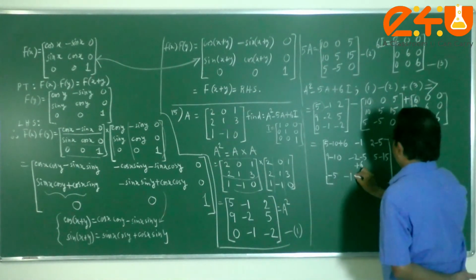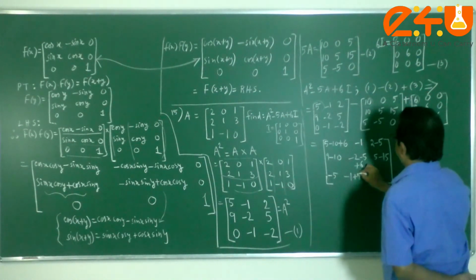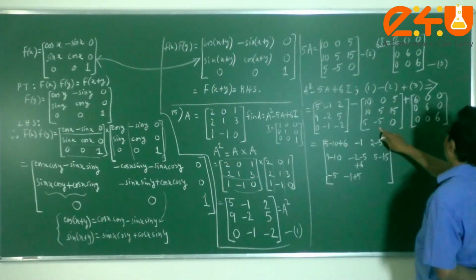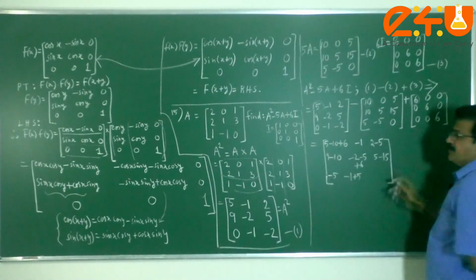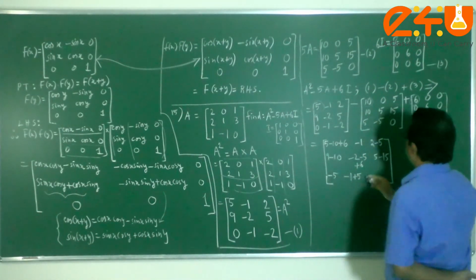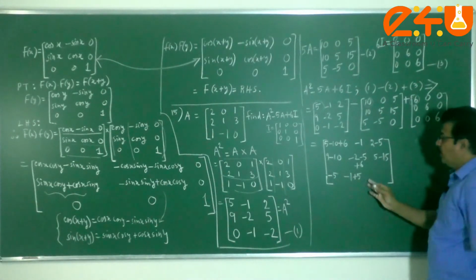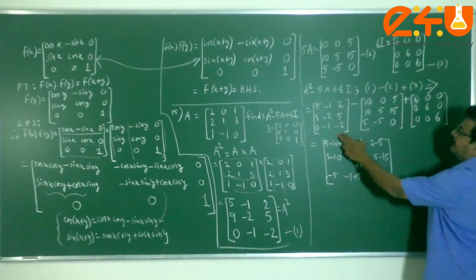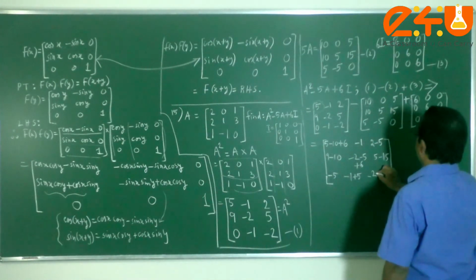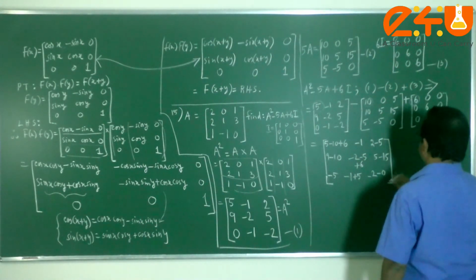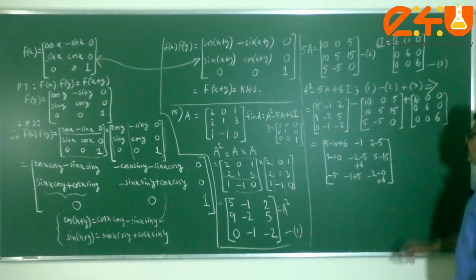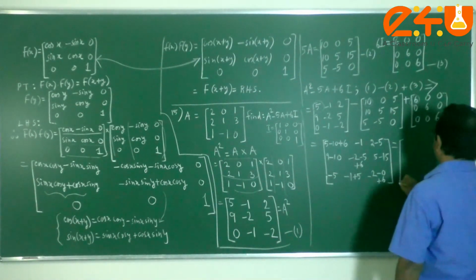Here you have to be careful, the sign gets changed. So minus minus, and here the position is 0, so it need not be included. What about the third row third position? It is negative 2, negative 0, and plus 6.